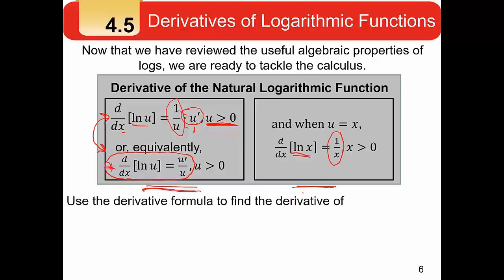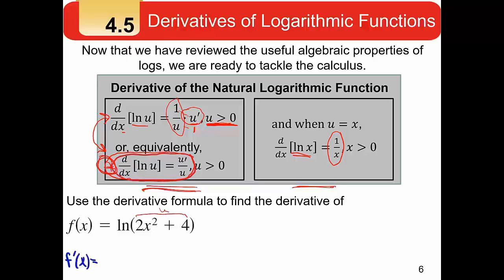So, jumping right in, first one is to use the derivative formula to find the derivative of f of x equals the natural log of the quantity 2x squared plus 4. It's not hard to figure out what to do. You're going to think of that 2x squared plus 4 as being the u in the formula, and then you go back to this formula up here and you write u prime over u.